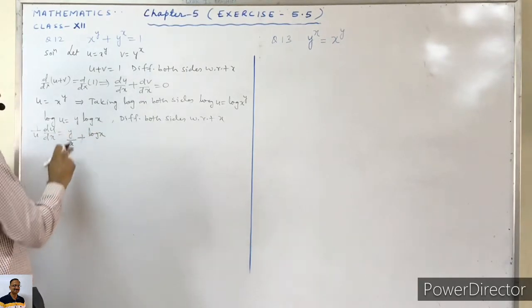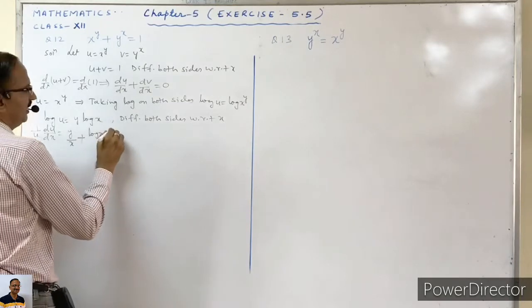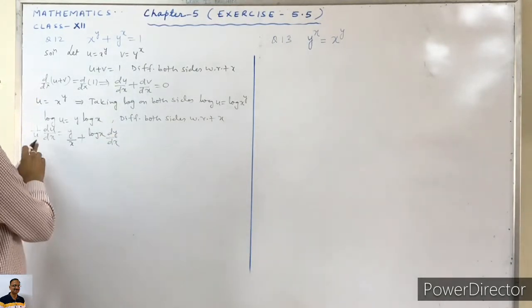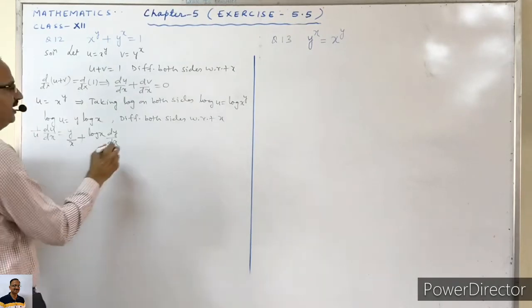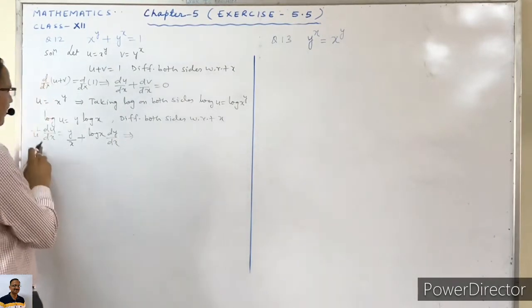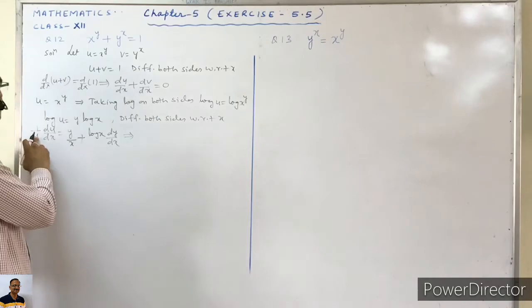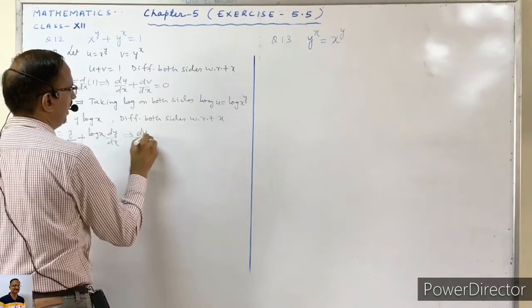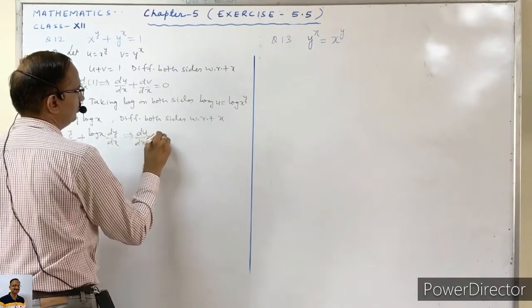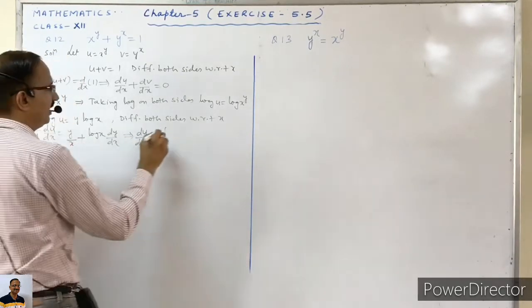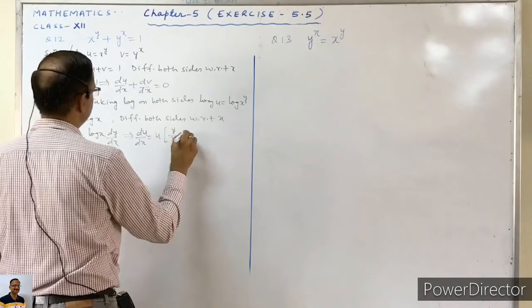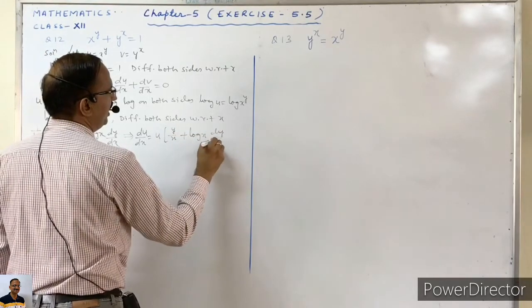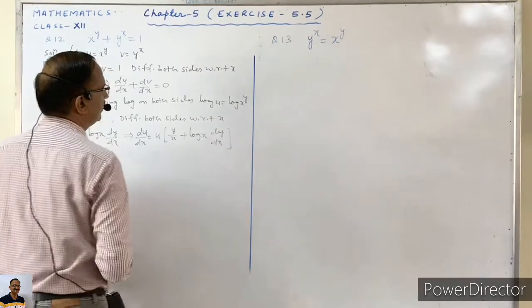Now derivative of first function, that is y, is dy by dx. So this is what? 1 upon u du by dx. So when we transfer this u on the right hand side, then we have du by dx equals to u, in product we have y by x plus log x and dy by dx.